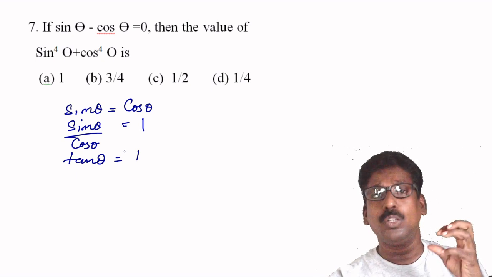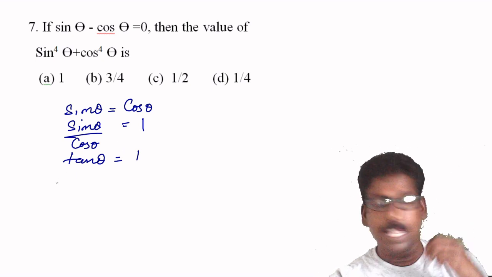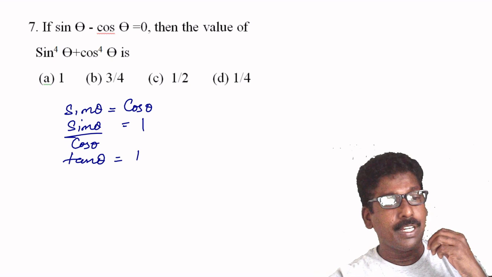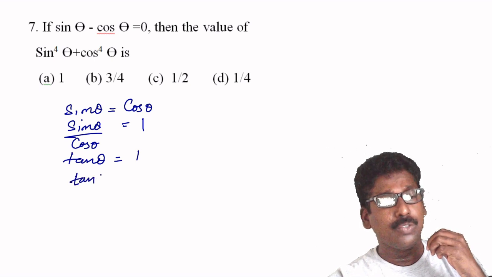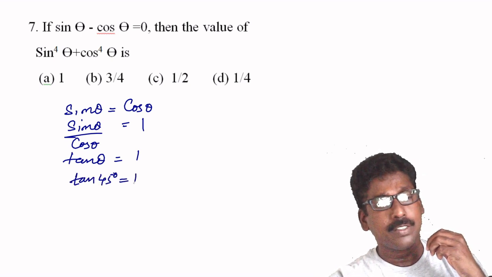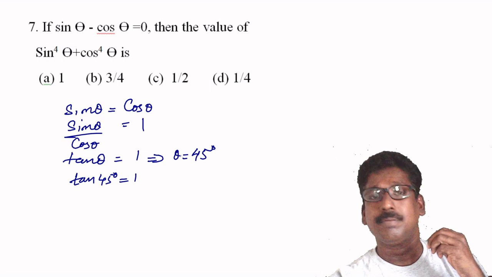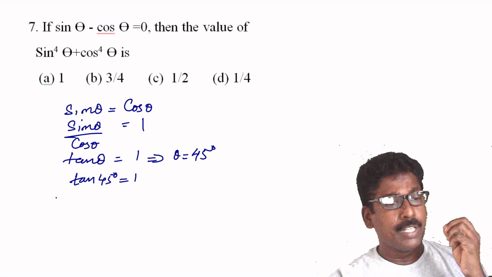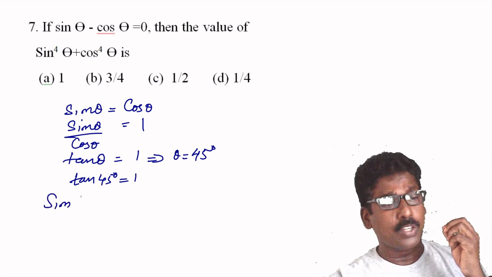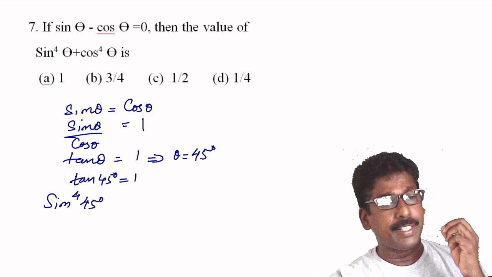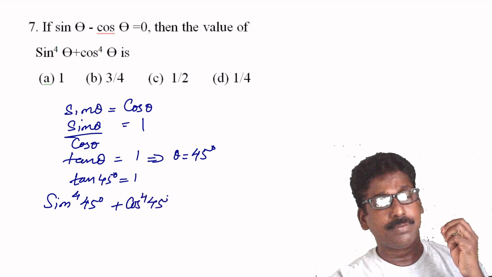For what value is tan theta equal to 1? Yes, tan 45. Here tan 45 you will get as 1. That means tan theta is equal to 1 implies theta is equal to 45 degrees. Now what do you want to find out? Sin raised to 4 theta, that is sin raised to 4 of 45 degrees plus cos raised to 4 of 45 degrees.